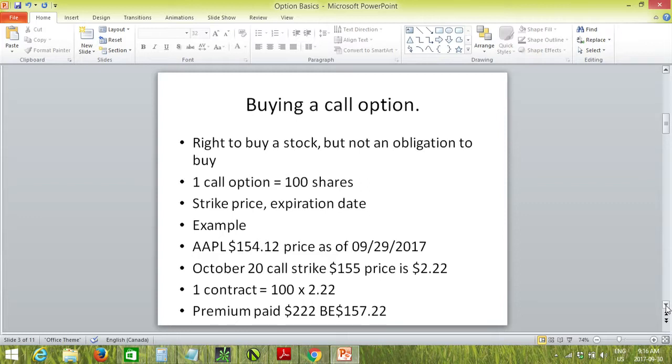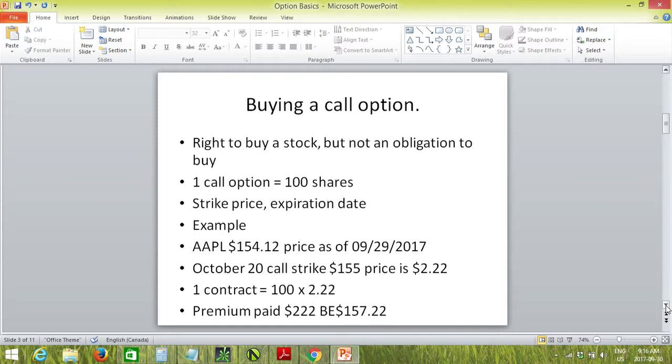So why would you do that? Well, maybe you think Apple is going to have a great product, great earnings. You're betting that it is going to be beyond 155. Now, because you pay $222 for the premium, your break even on this investment is going to be $157.22.